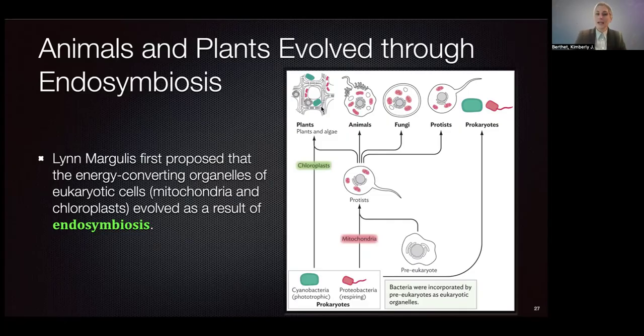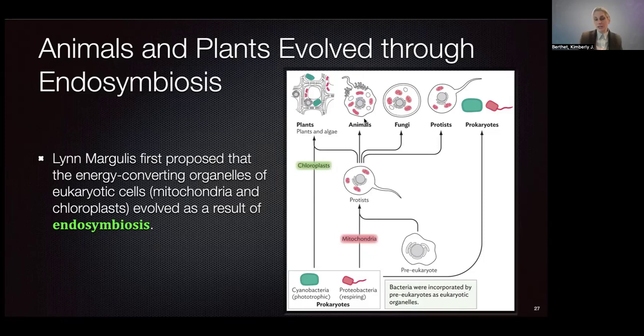The chloroplast even has its own DNA, and its DNA is similar to what we would find in prokaryotic organisms. So after many different relationships that we see with these cyanobacteria and proteobacteria, as the primordial existence of mitochondria and chloroplasts, we assume that they were picked up by the cell in a process called endosymbiosis.